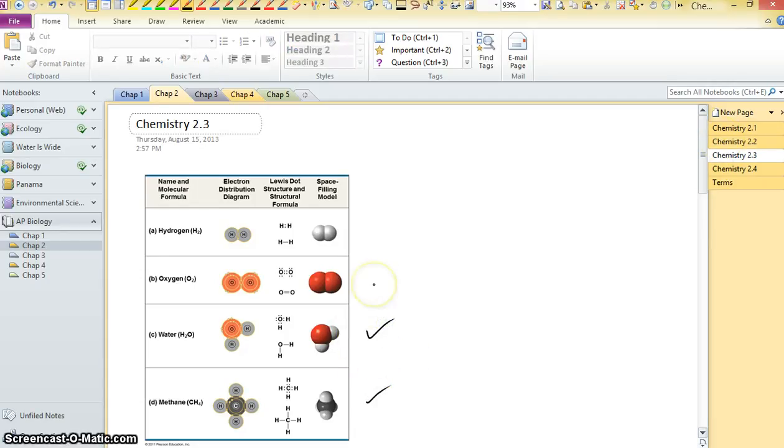Because they have 2 or more different elements, whereas our H2 and O2, while they are indeed molecules, are technically not compounds because they consist of a single element. In our Lewis structures, you can have the dashes that represent a covalent bond, a pair of electrons shared, or you can have the dots to show the actual electrons, the paired ones and then the unpaired ones in the case of water here.